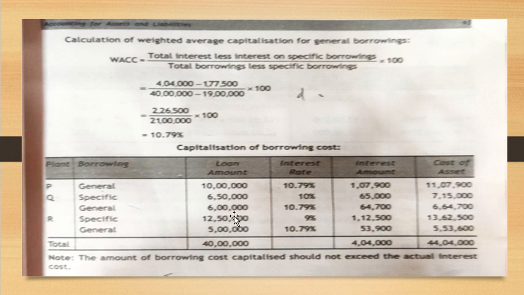The general borrowing is 6 lakh. How do you get 6 lakh? The 11 lakh loan you have taken will be divided to acquire plant Q and plant R. In plant Q, 6,50,000 is the borrowing you have taken for a specific purpose.